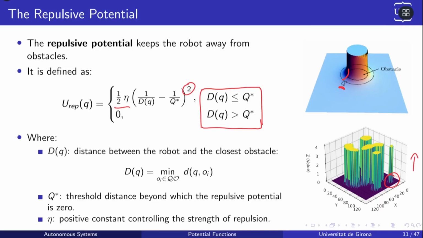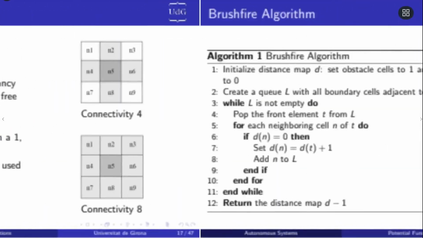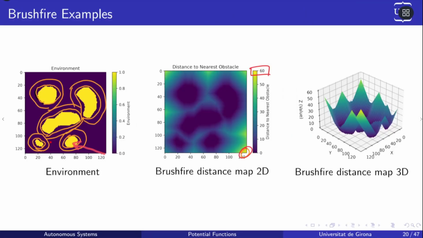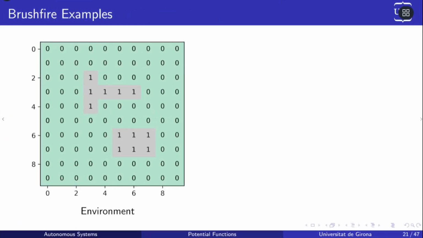This is what you are going to do: given an environment, apply the Brushfire algorithm in order to obtain this map, and then use this map to compute the distance to any obstacle. This is an exercise that, if you want, you can try to do.